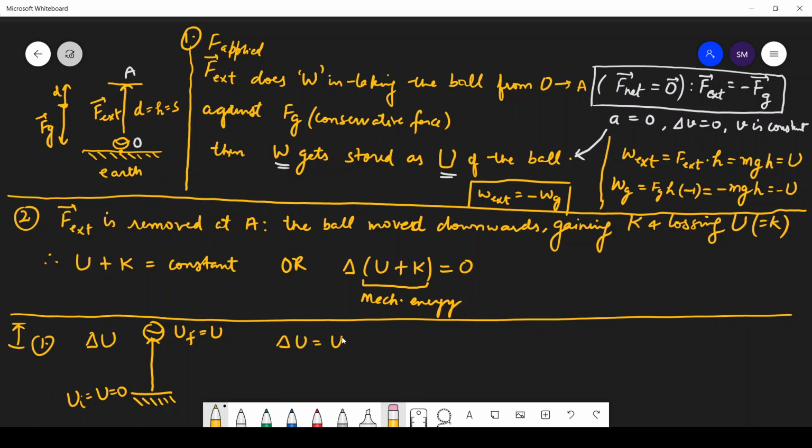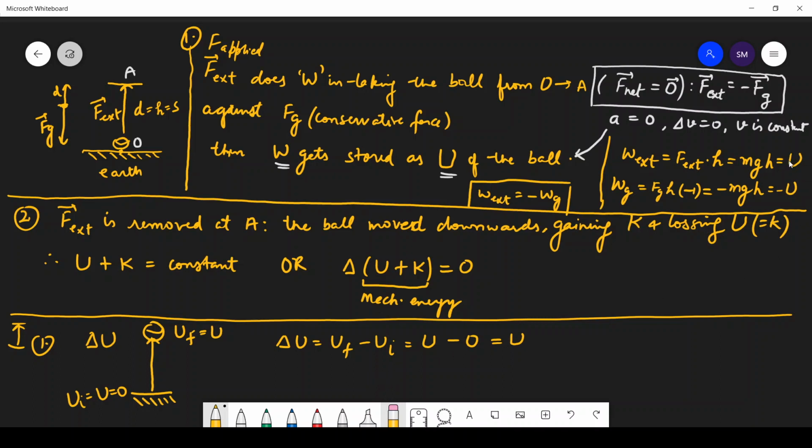Change is always final minus initial, and that is equal to the potential energy at the initial position, which was 0, I have taken it, and here final was u. So the change in potential energy is u.